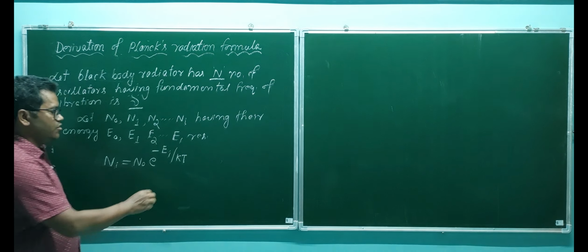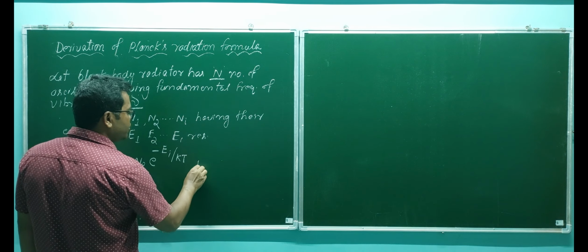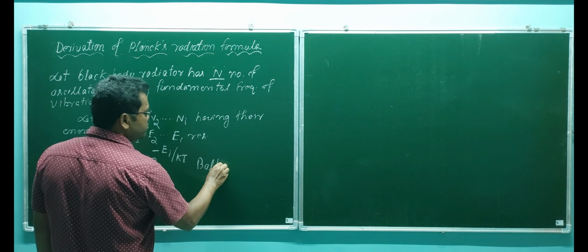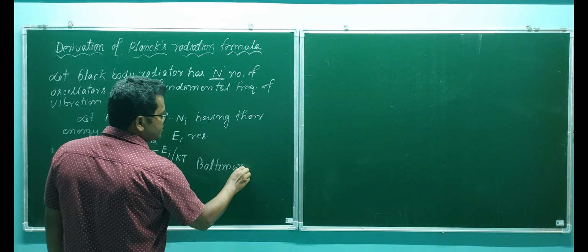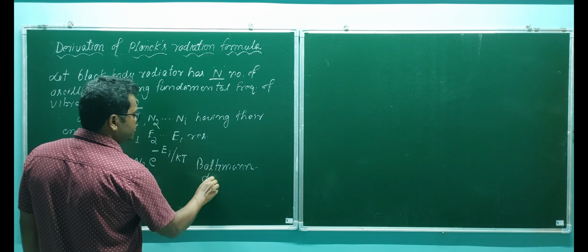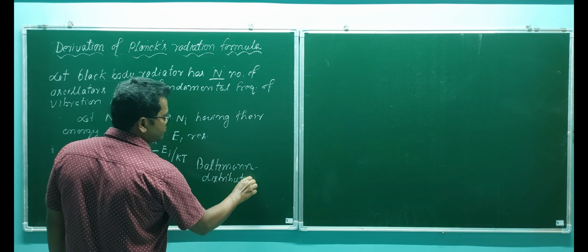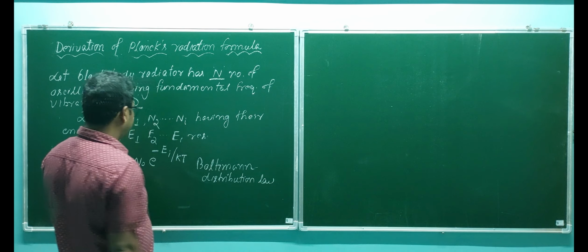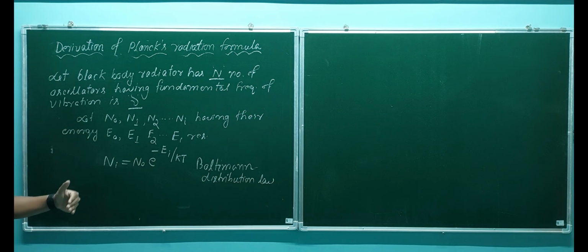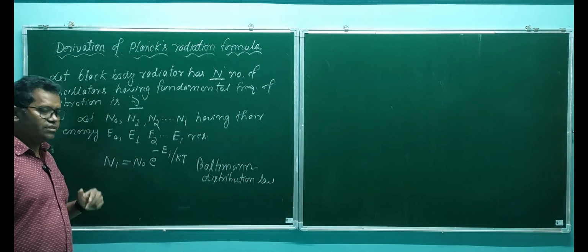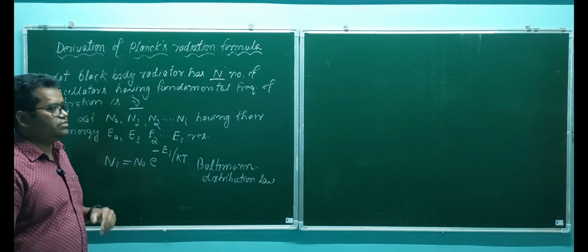So this is the Boltzmann distribution law. The number of oscillators having energy above E0 is given by this equation.